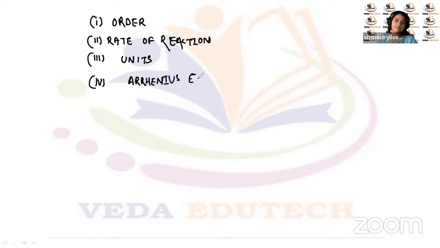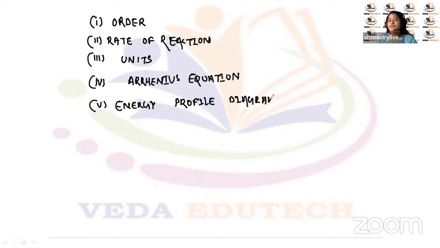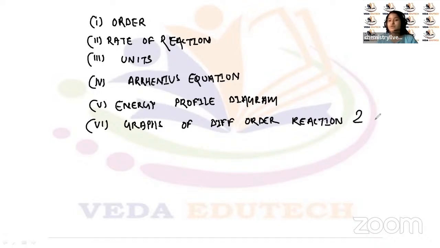Then you need to see the energy profile diagram, and you need to see the graphs of different reactions, and their slope.